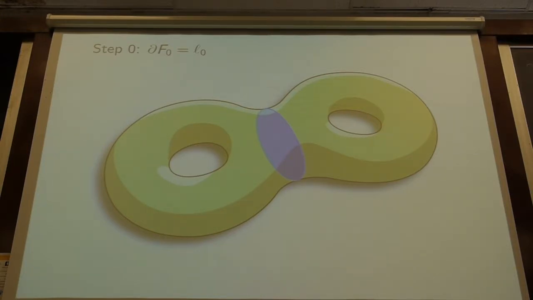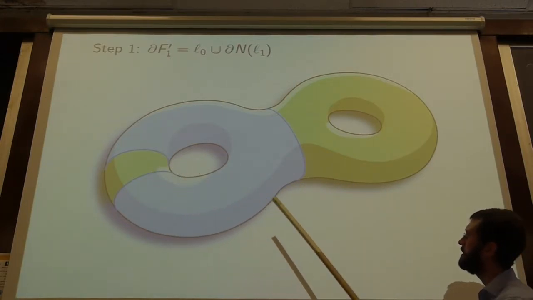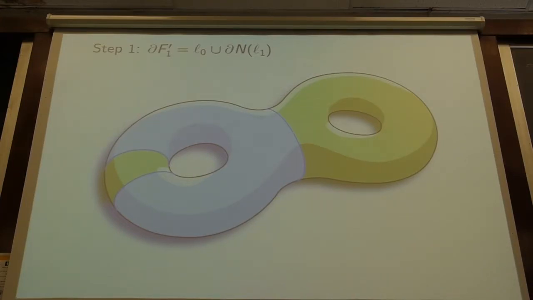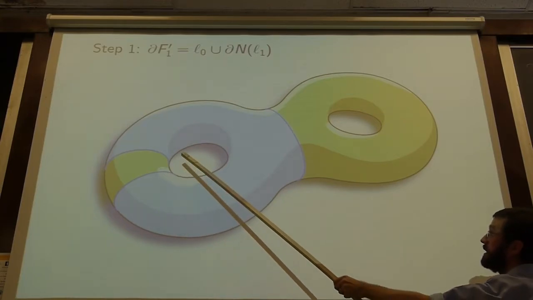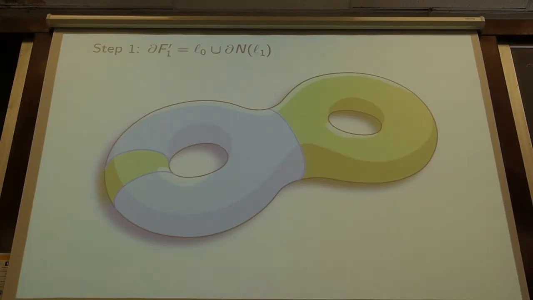We start off with a disk that bounds the first loop in the path. This was a separating loop, and then we have our non-separating loop, the red loop from before. We put a pair of pants in there so that this pair of pants has two loops parallel to that one, and the disk is back there behind the surface, so you can't see it.